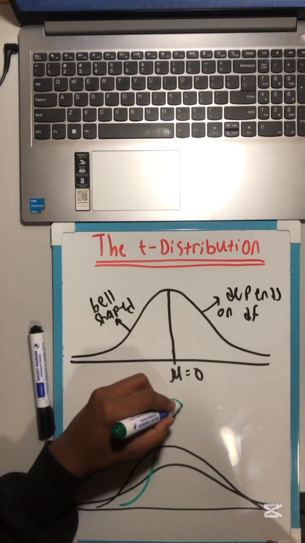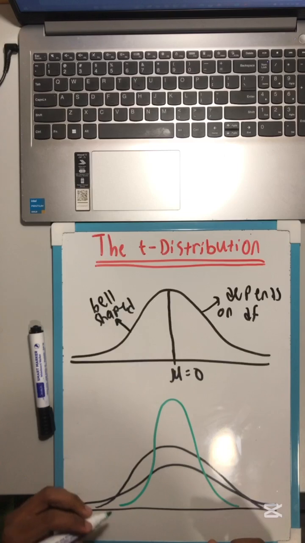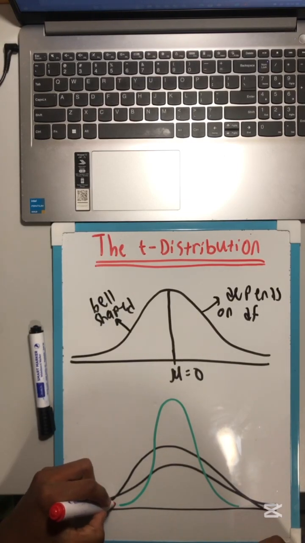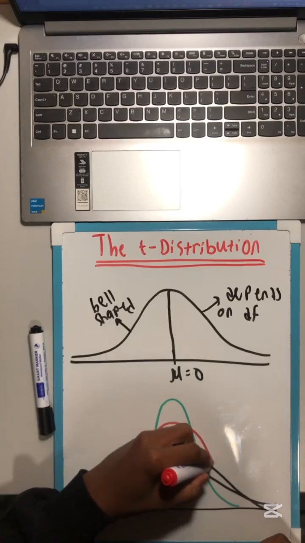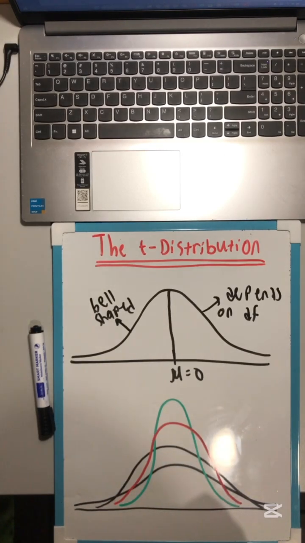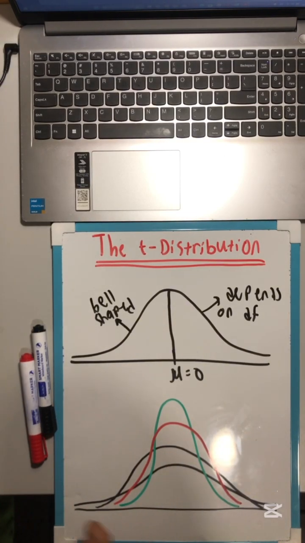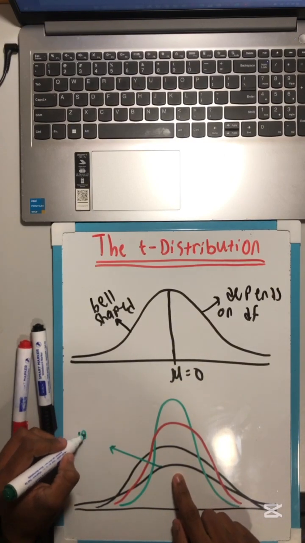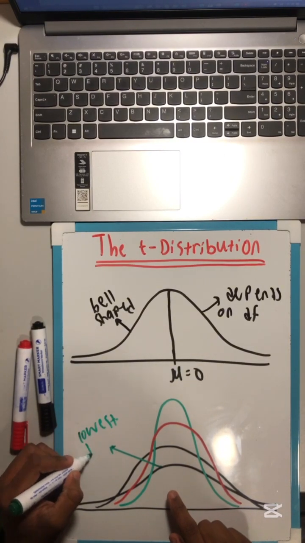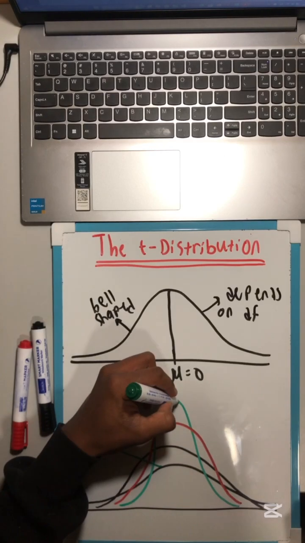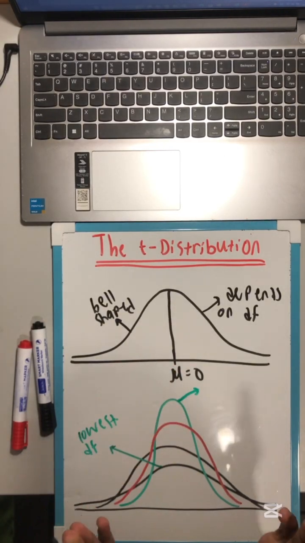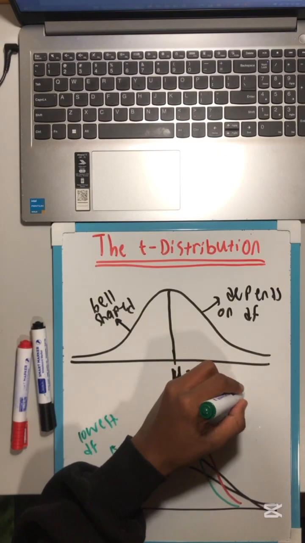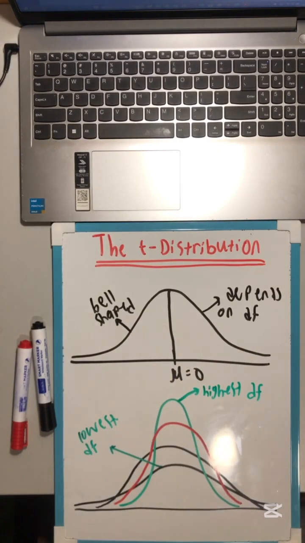The smaller curve has the lowest degrees of freedom, and the one with the bigger peak is more narrow and has the highest degrees of freedom.